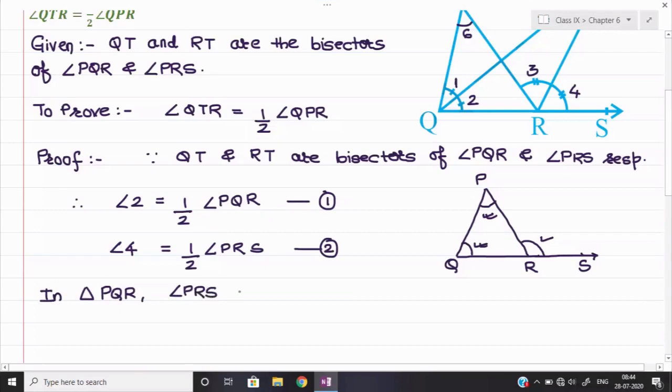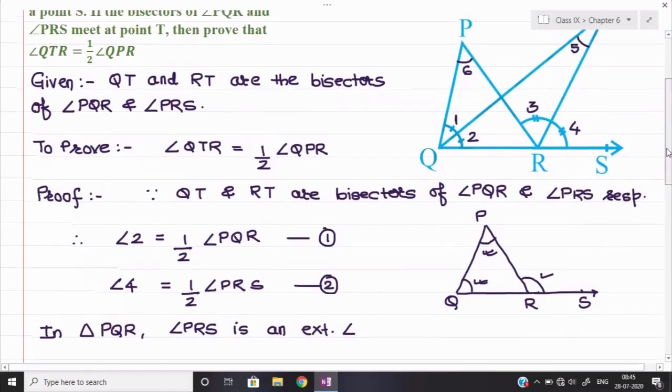Angle PRS is an exterior angle. Therefore, we can say that angle PRS is equal to, see, angle P, already we have given some name. You can look at the main figure.